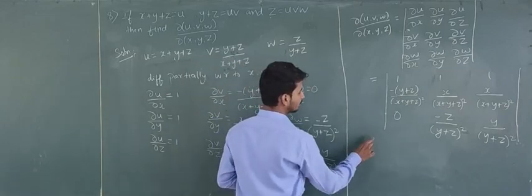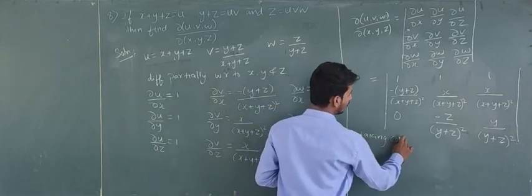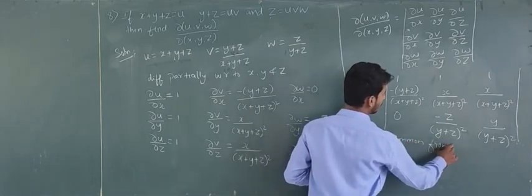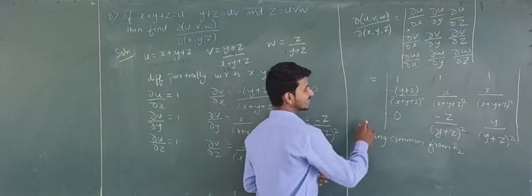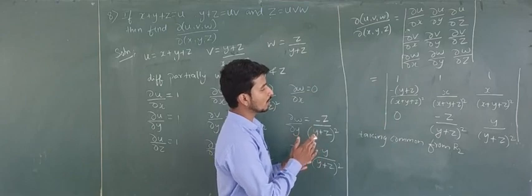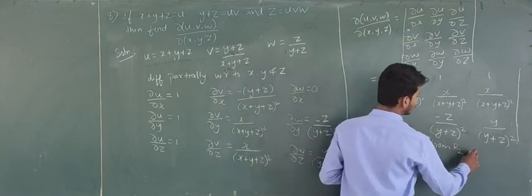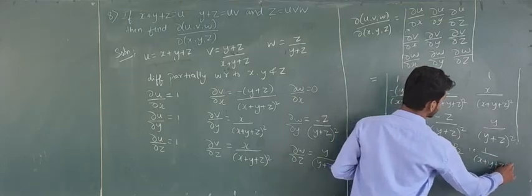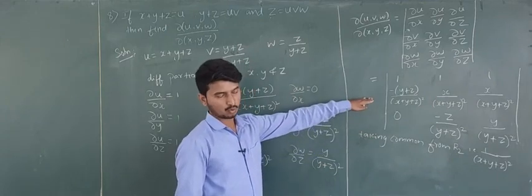Taking common from row 2, R2, we can take common 1 divided by (x plus y plus z) whole square.